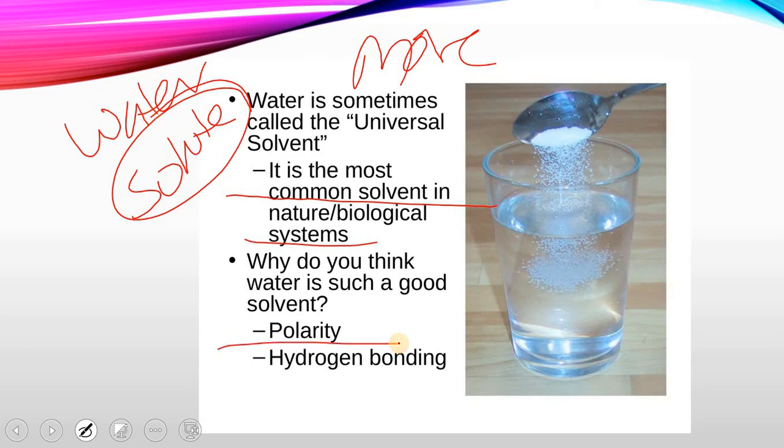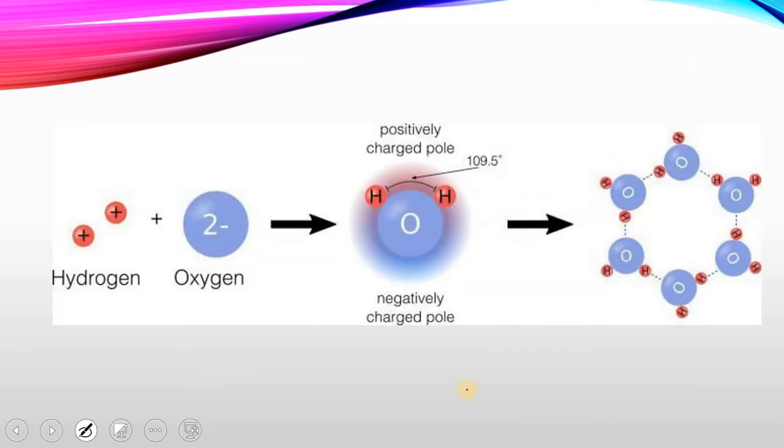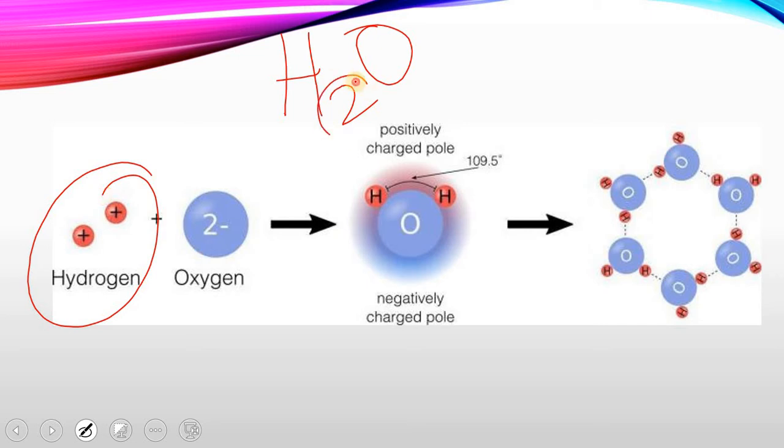And other than that, as I've told you, because of the polarity, and also because of the hydrogen bonding. So in the water we know it is made up of H2O, hydrogen and oxygen. So we know it has two hydrogen and one oxygen.